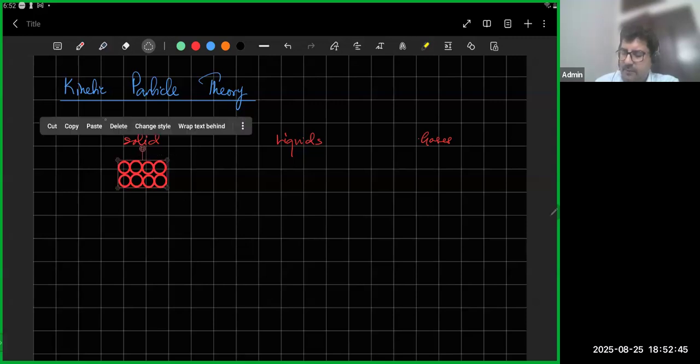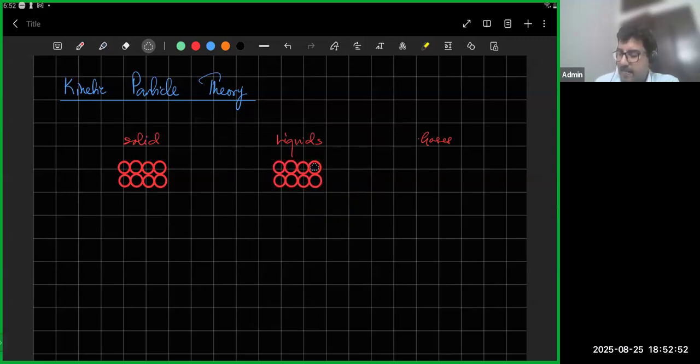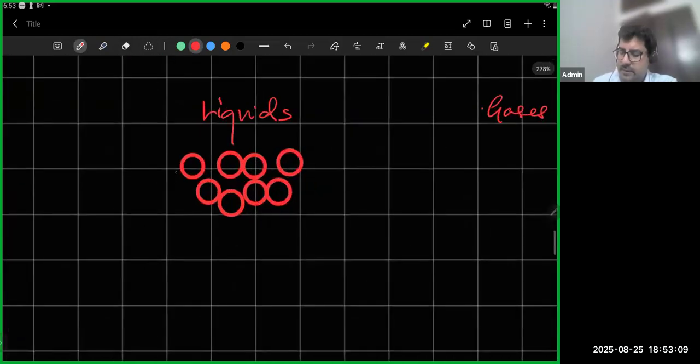The same one, if you turn it into a liquid, the particles are going to be more energetic. And if they're more energetic, they will be loosely packed. And there are going to be tiny gaps in between. And the particles would be sliding past each other. They'll be moving around, so they'll not be stationary. Okay, so they'll be slipping and sliding past each other.